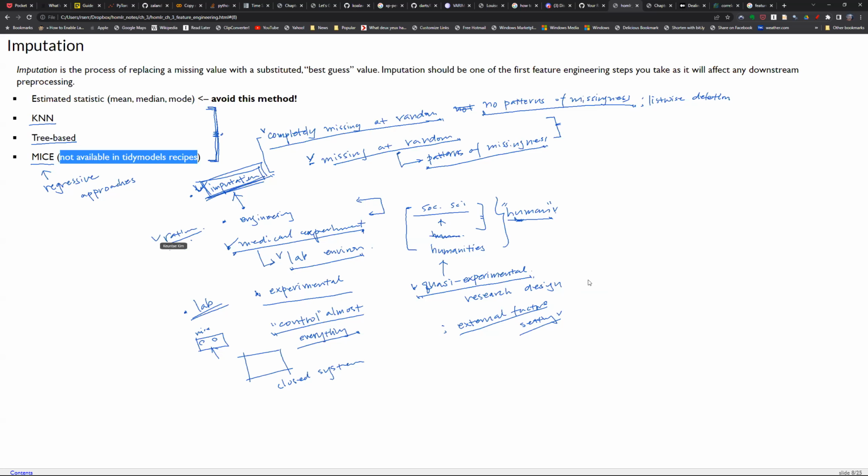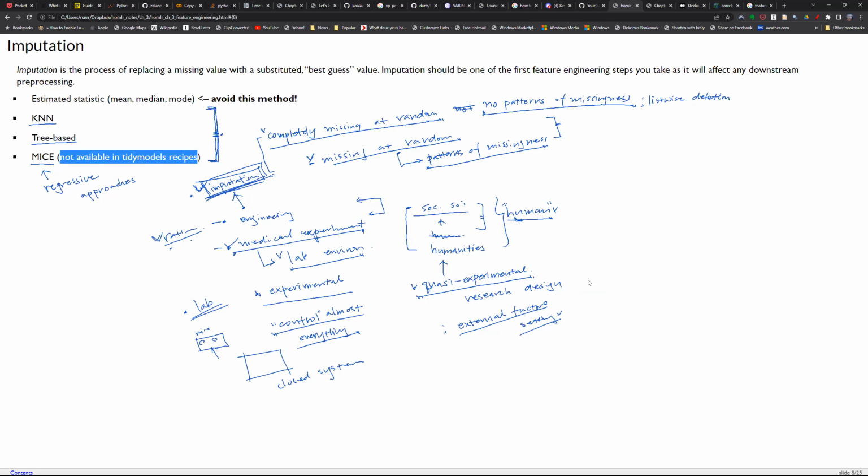That might be okay, but in social science, it is very hard to do that. Even in engineering and medical science, imputation must be done very carefully, because without a theoretical rationale to support why we use the imputation method, without any strong theoretical or academic literature review, we should be very careful to use imputation methods.